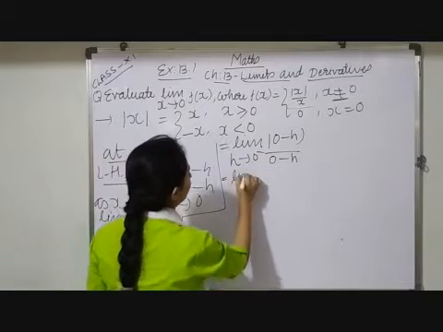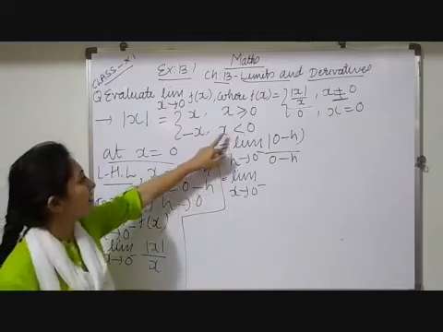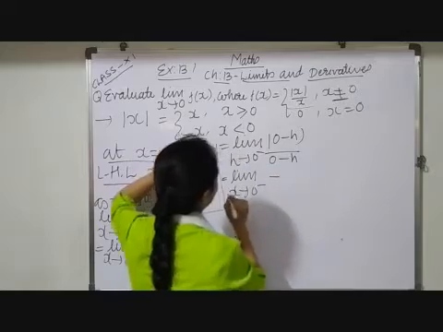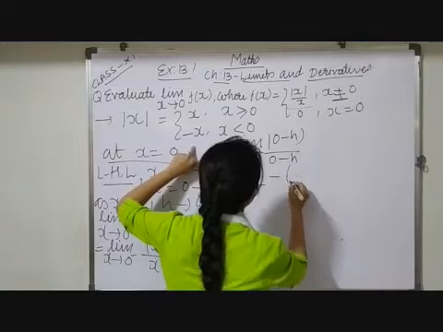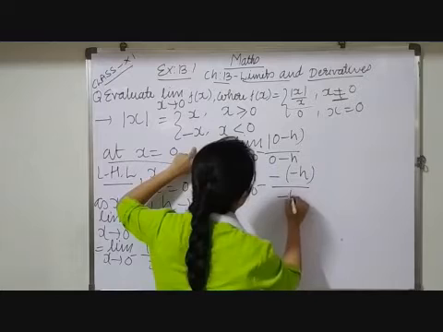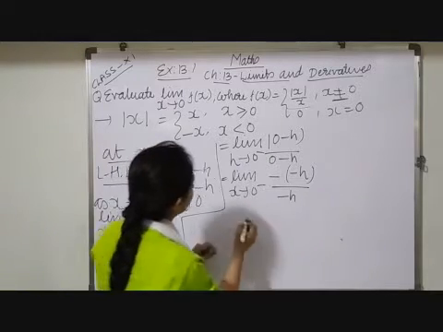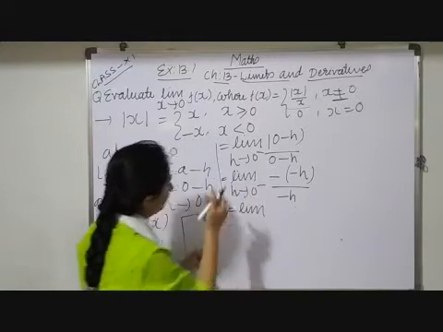Now limit x tends to 0 minus, left hand, obviously the less than part we have to take. So outside the modulus it is minus, and in place of minus h, that function upon minus h. Here also 0 will come, by mistake I have written h.